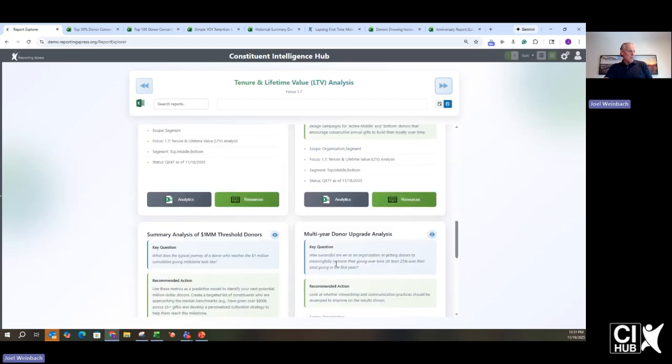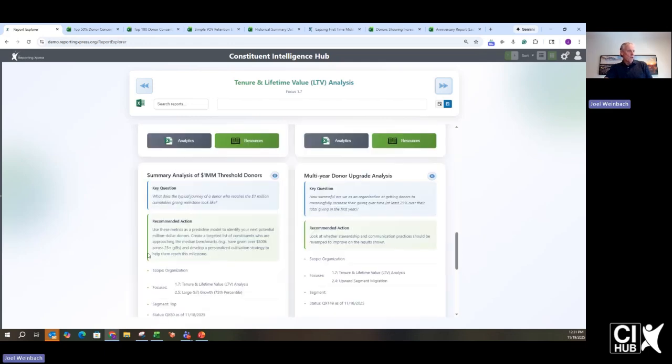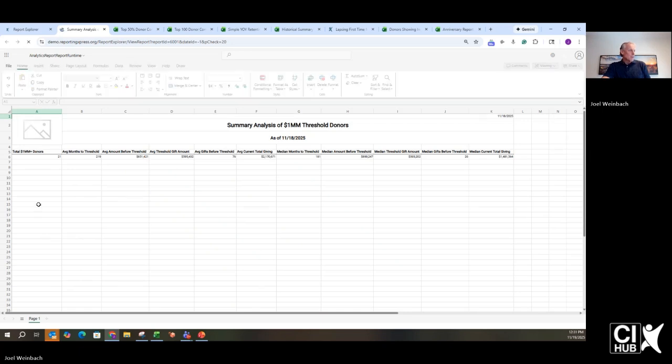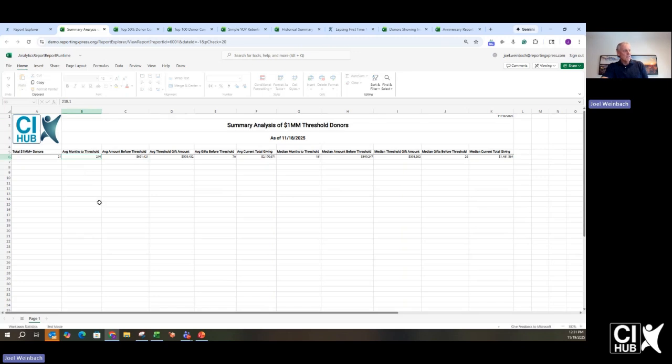Let's look at the summary version of $1 million threshold donors. So what's the typical journey of a donor who reaches the $1 million cumulative giving milestone look like? So this organization, I've had 21 $1 million plus donors. The average months to their $1 million threshold was 219.